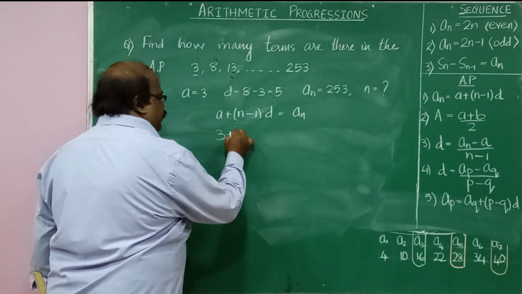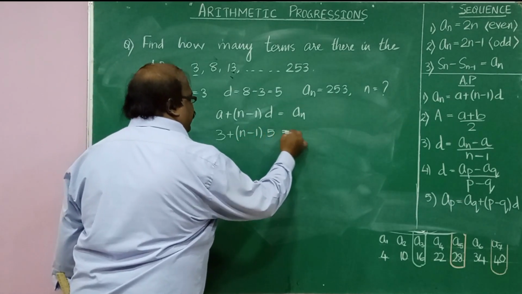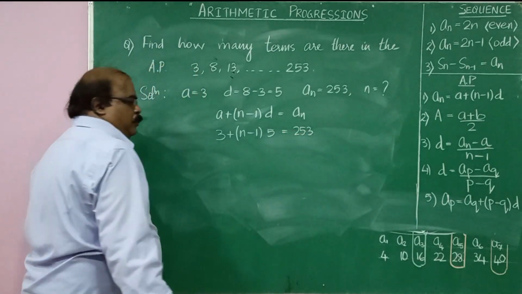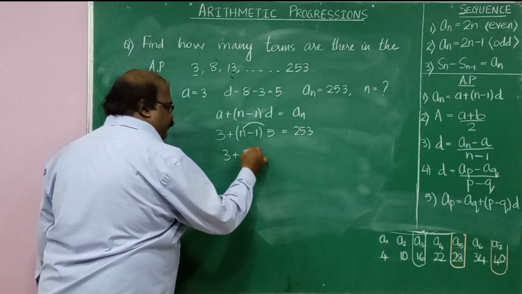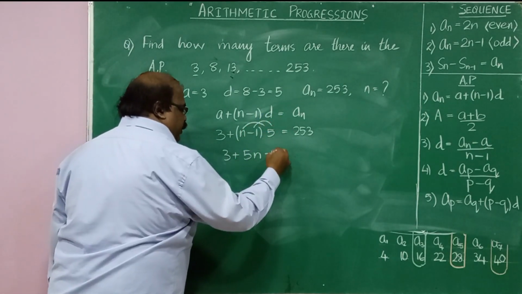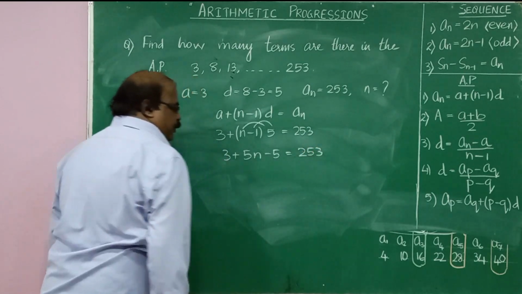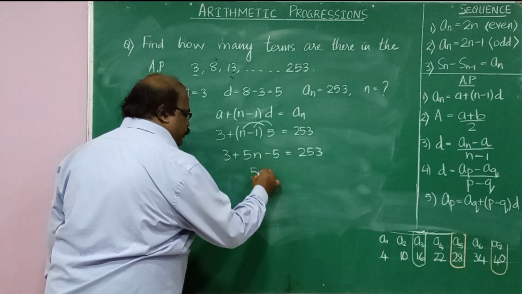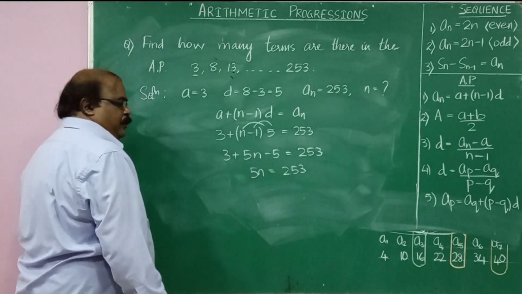So you get 3 plus n minus 1 into d is equal to an. So you get 3, 5 into n, 5n, minus 1 into 5, minus 5 is equal to 253. So you get 5n is equal to 253.